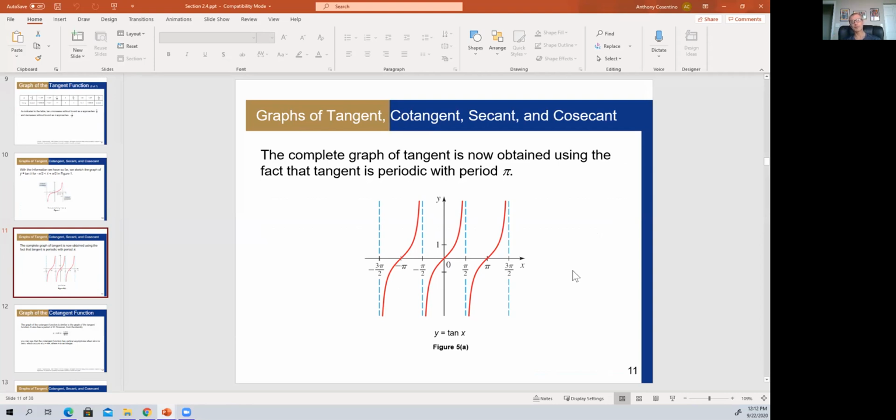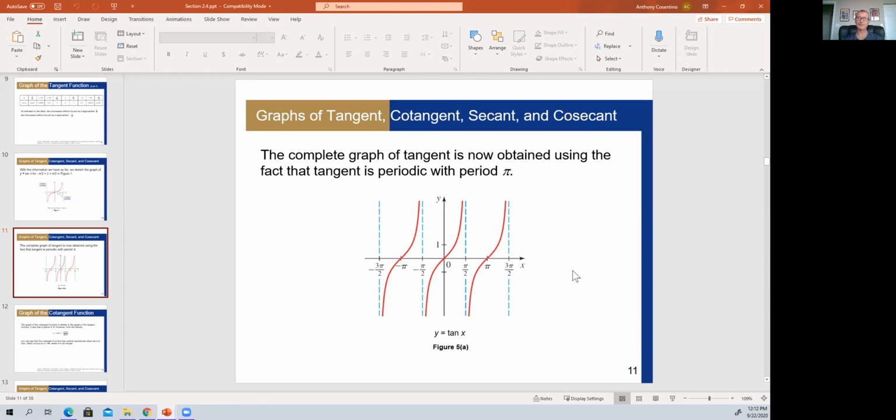You remember when we were discussing cosine and sine, we had 3 attributes that we were dealing with. Number 1 was the amplitude. Number 2 was the period, and we've talked about that already. And number 3 was the phase shift, which is kind of where everything starts. And you can see that this graph blows up to both positive infinity and negative infinity, so amplitude really doesn't have a real meaning in this graph.